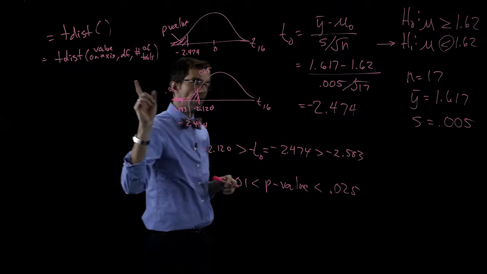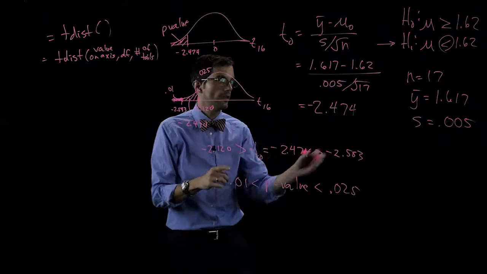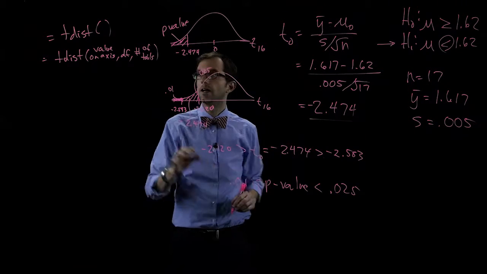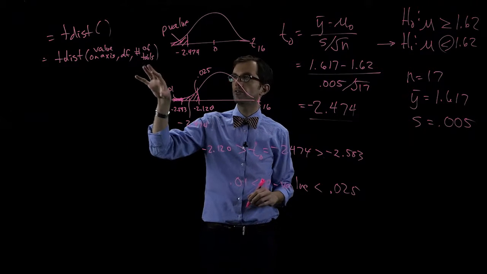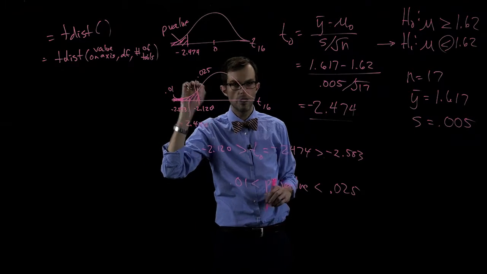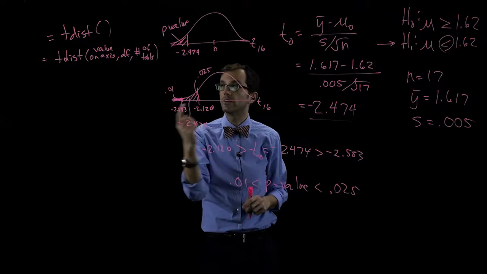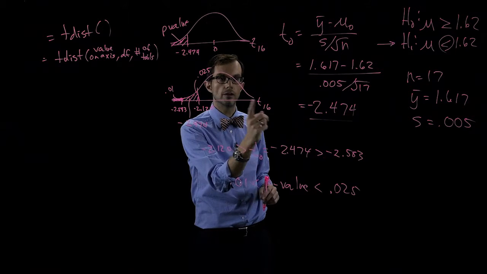If we put in a negative value into the value on the axis, if we were to put in this value directly, it's going to give us an error. Excel does not like to read in negative values for the test statistic. So we have to enter in 2.474, and it will give us the area of the upper tail up here.